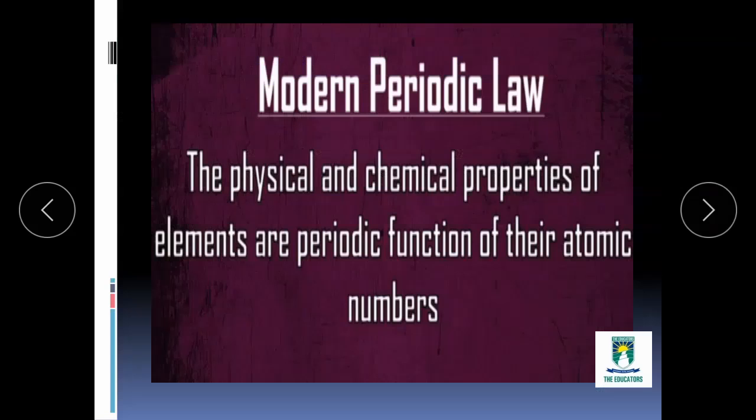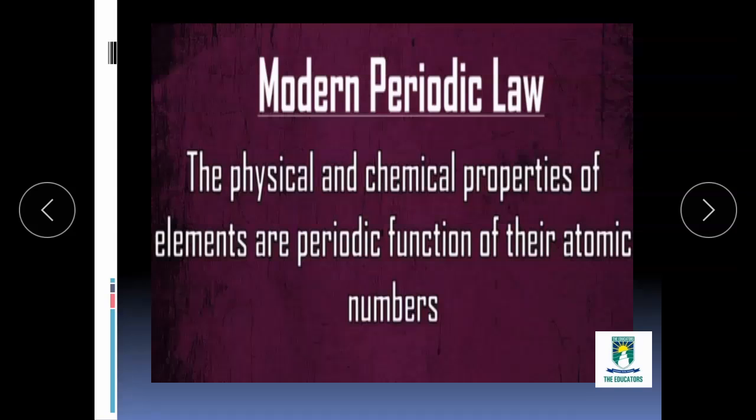Modern periodic law: the physical and chemical properties of elements are a periodic function of their atomic number. Students, as I told you in the previous lecture, according to Mendeleev's periodic law, the physical and chemical properties of elements are a periodic function of their atomic masses.